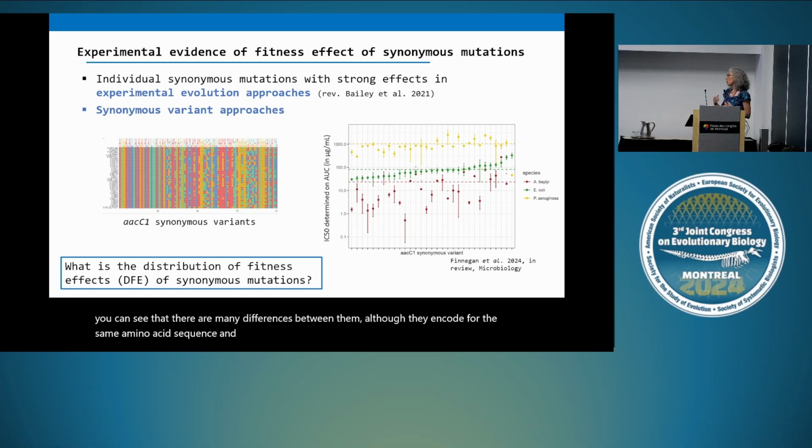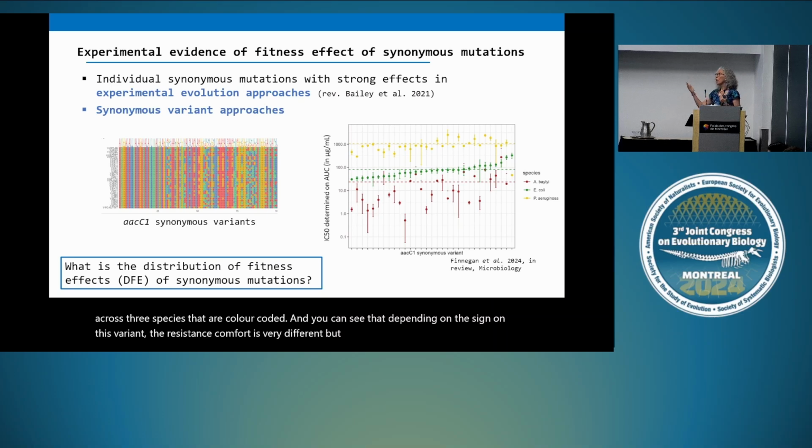And then we can measure some fitness or phenotypic traits. On the right, you have the resistance conferred to gentamicin by these different variants across 3 species that are color-coded. And you can see that depending on the synonymous variant, the resistance conferred is very different.